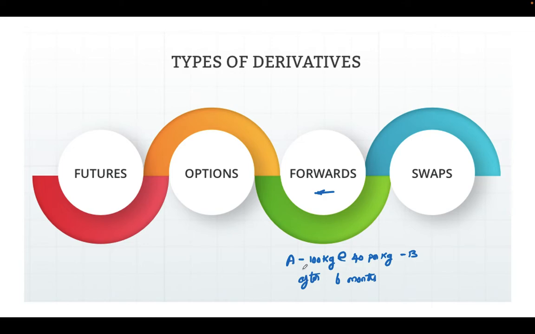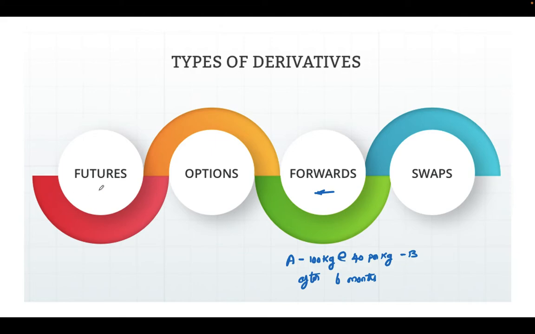It is possible that one party is not able to fulfill their commitment as per the forward contract. So here we have the counterparty risk in forwards contract.